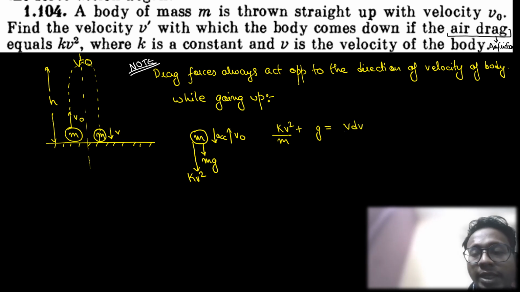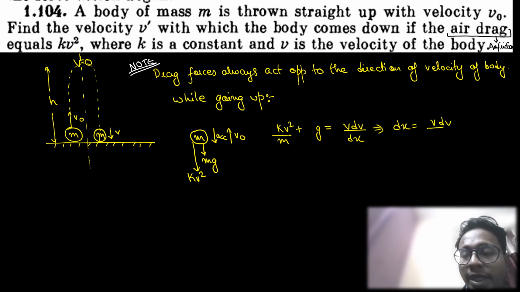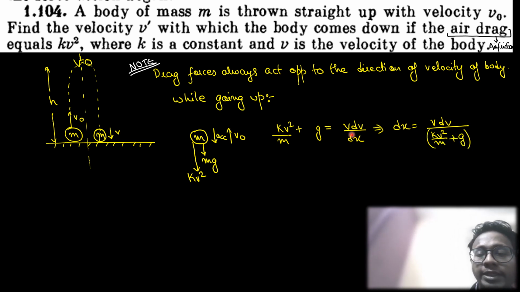So let me write this one, v dv by dx. Now can I multiply this by dx? So dx is equal to v dv divided by (kv square by m plus g). I have sent this entire term dx to the left hand side and this entire term to the denominator out here, and you have to integrate.